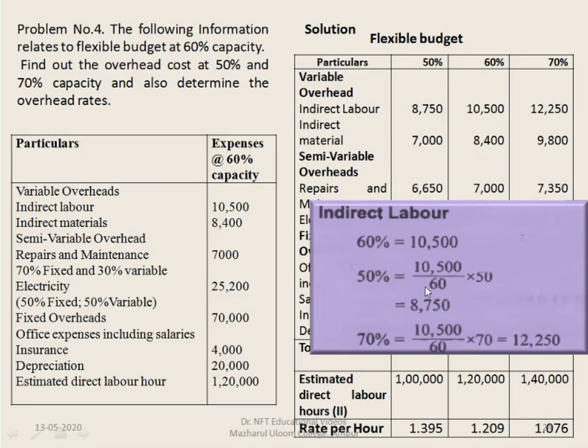So 10,500 divided by 60 will give you per unit, into 50 will give you for 50% capacity, that is 8,750, which is given here. Same way you calculate it for 70%: 10,500 divided by 60 into 70 gives you 12,250, which is given here.